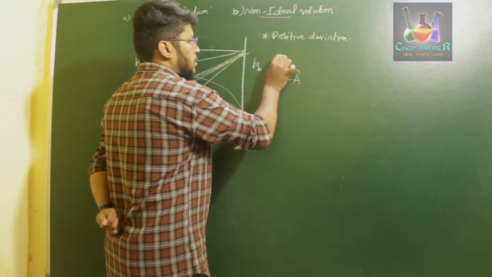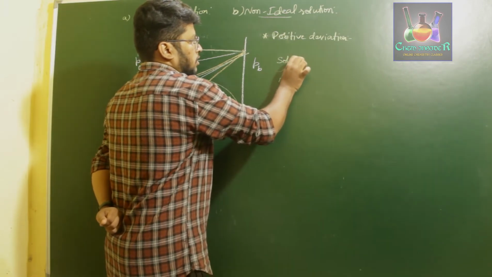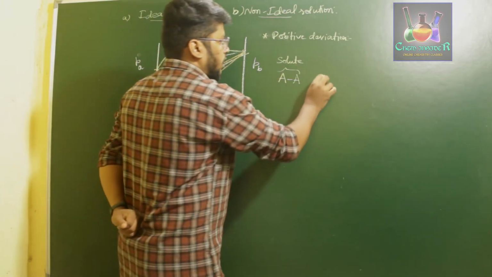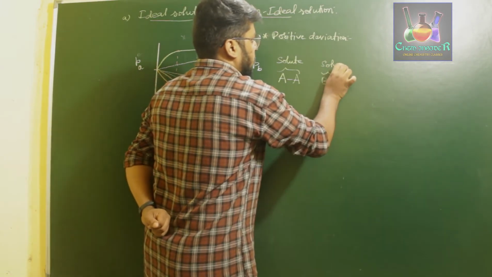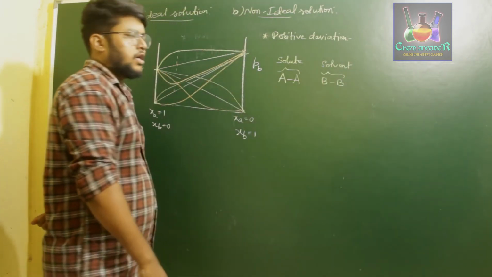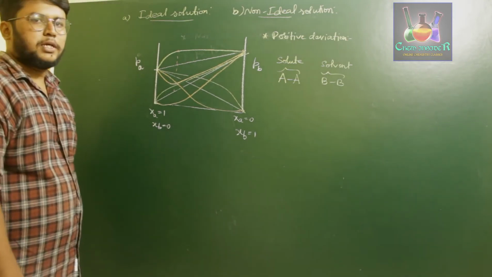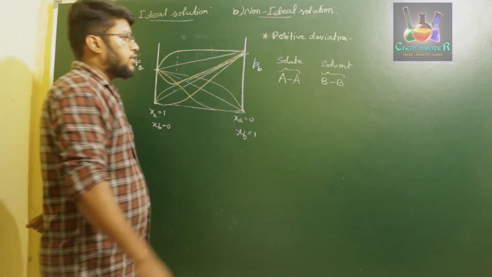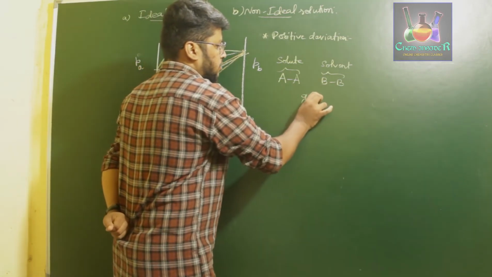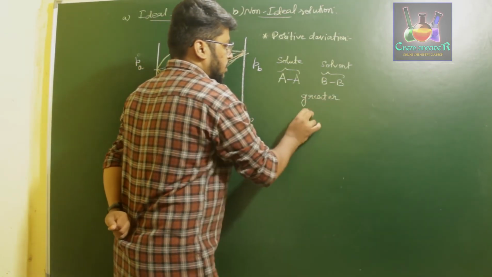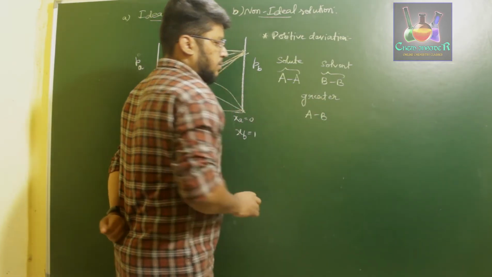Let the component A be the solute and the component B be the solvent. If the interaction of AA and BB is greater than the interaction of AB.